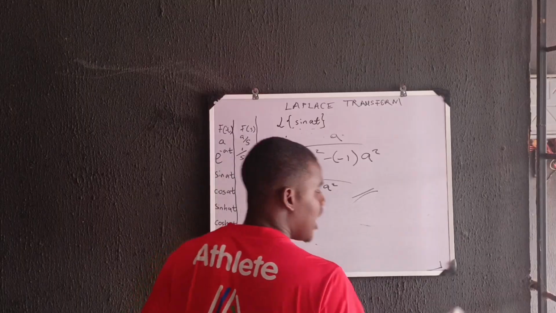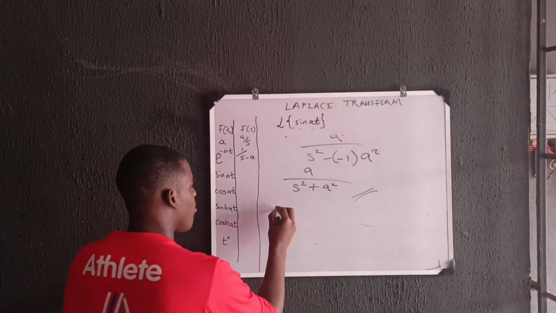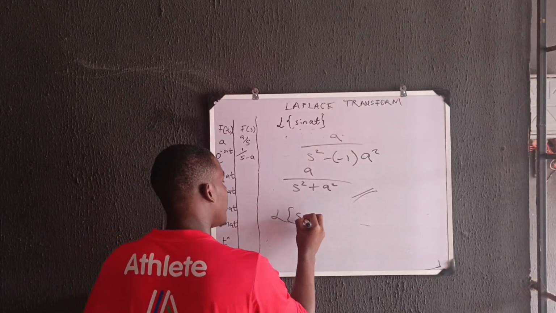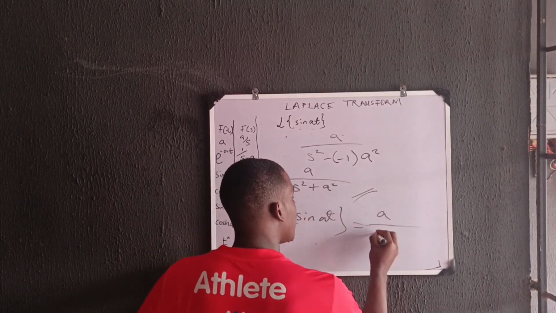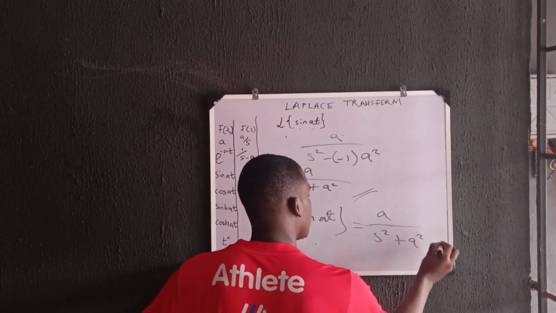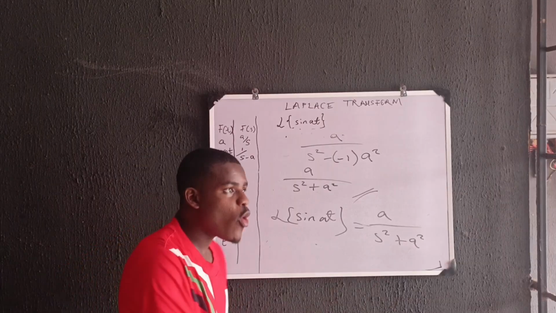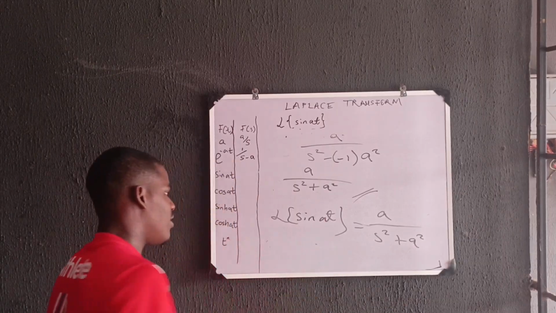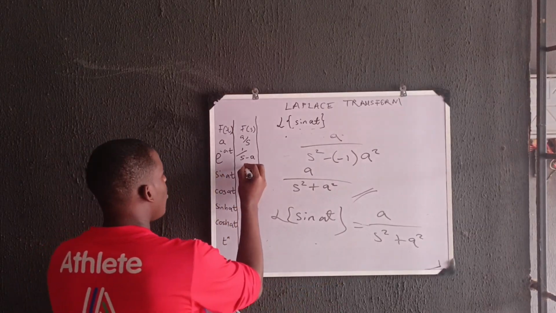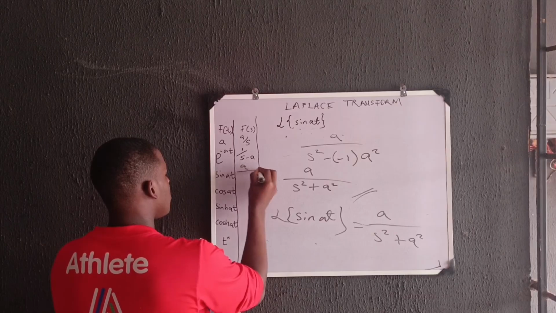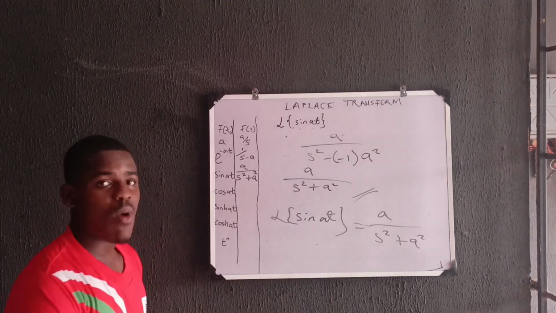This is the Laplace transform of sine at. So we have Laplace of sine at is equal to a all over s squared plus a squared. I hope we understood that. This is a very, very simple derivation, right? So we are going to put it there. A all over s squared plus a squared. That is our sine at.